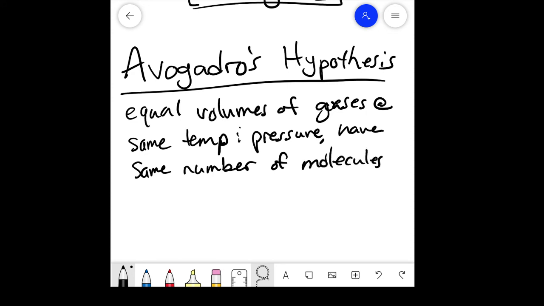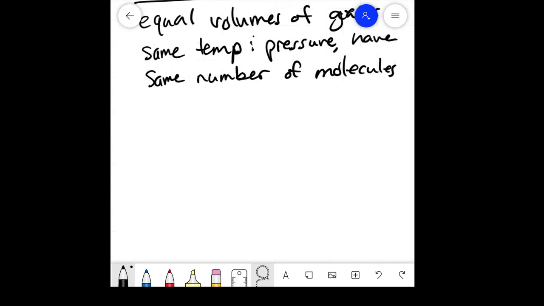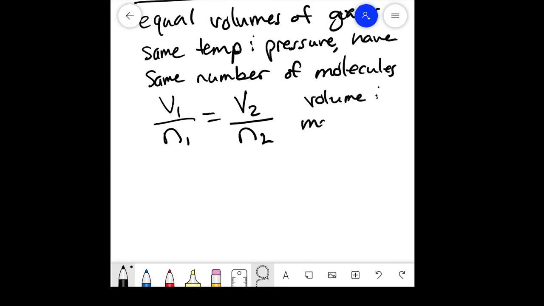So what this boils down to is that volume over moles is equal to volume over moles, and they're directly related. Volume and moles are directly related.